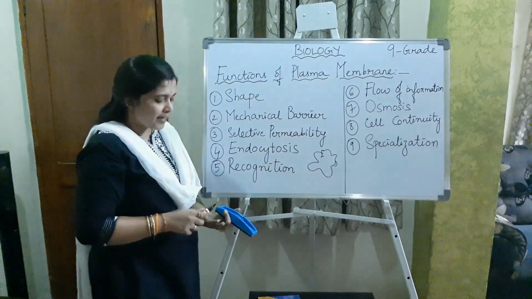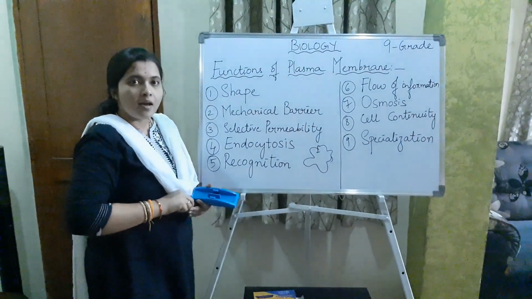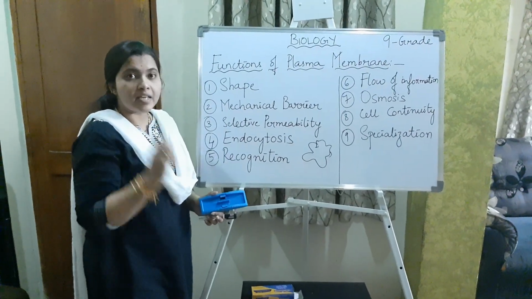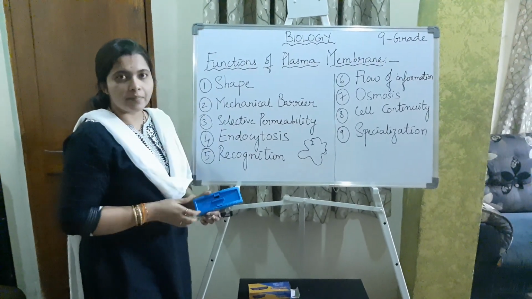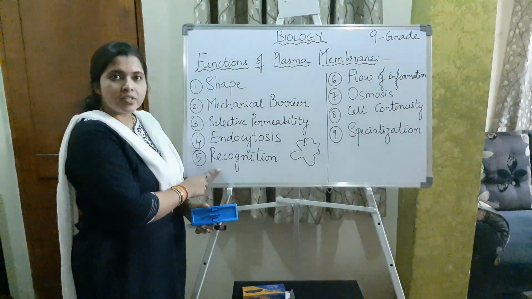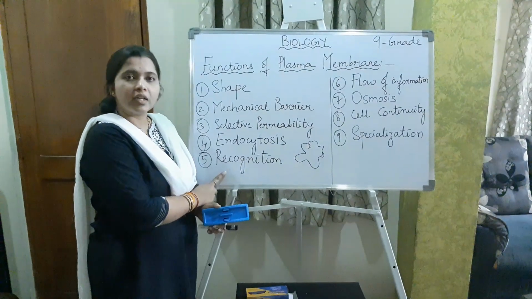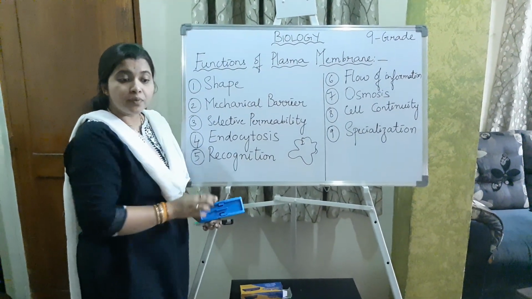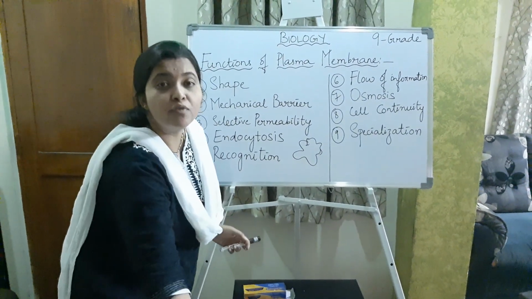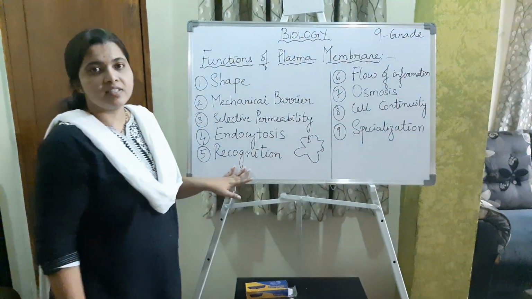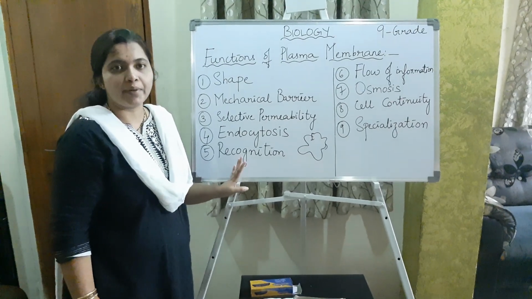So what do you mean by recognition, children? Plasma membrane has attachment points or recognition centers attached to it. What is the main function of recognition center? It will help in the formation of tissues and it will also help in the defense against microbes.